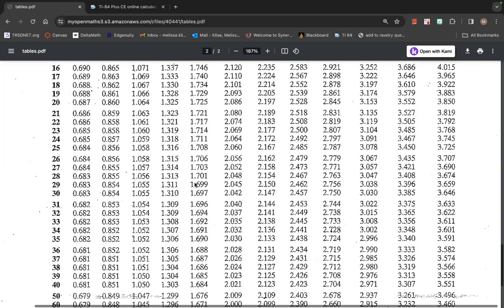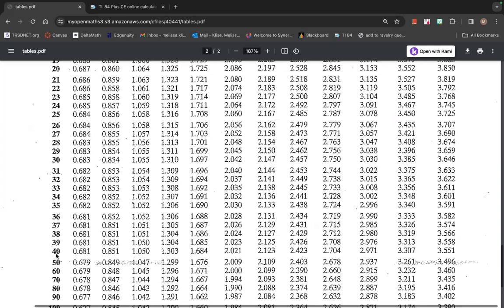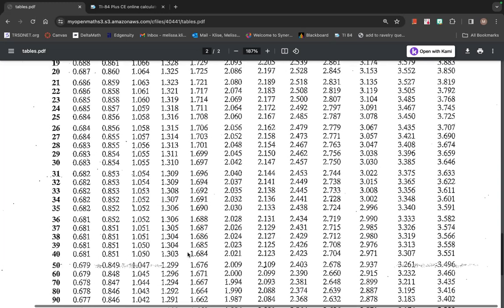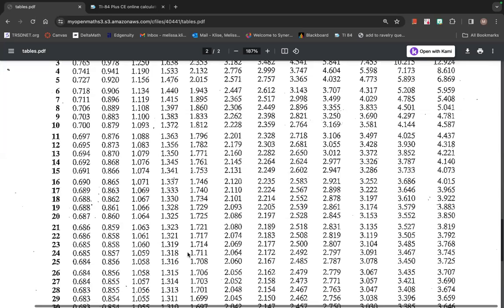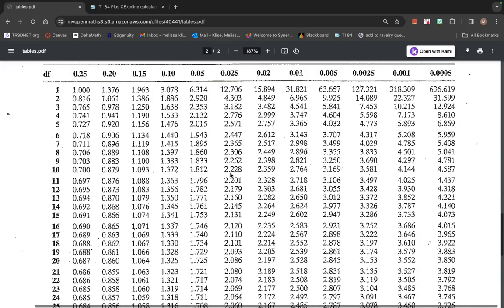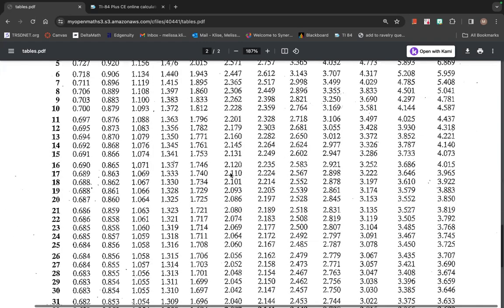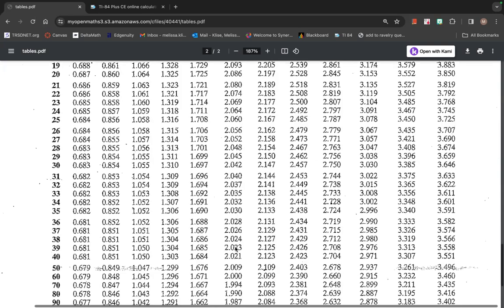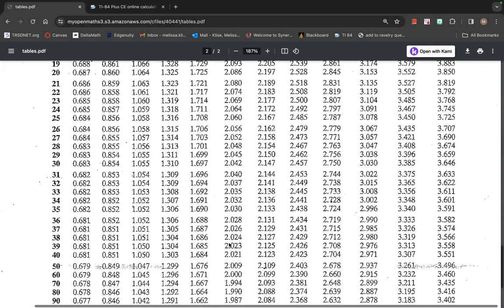With the T table, 44 is in between 40 and 50. So we're going to look at 40, and I'm going to look at 0.025. Let's see where that is. 0.025 is right here. So I'm going to scroll down, keeping my thing on that row. At 40, it's 2.021.